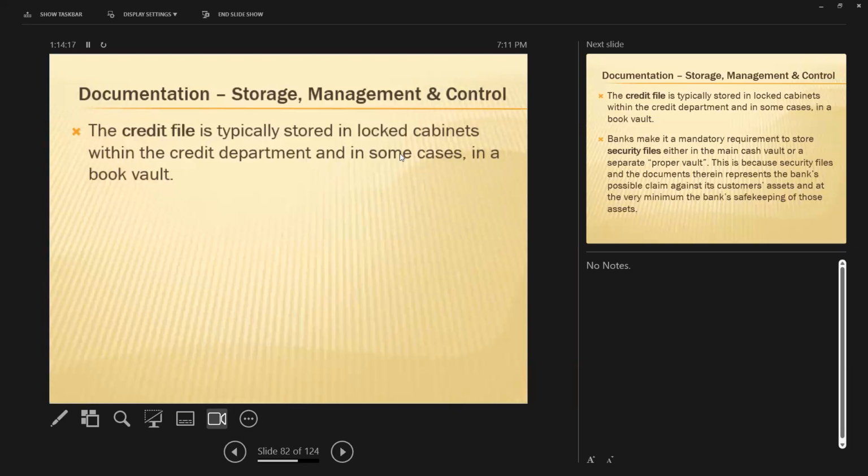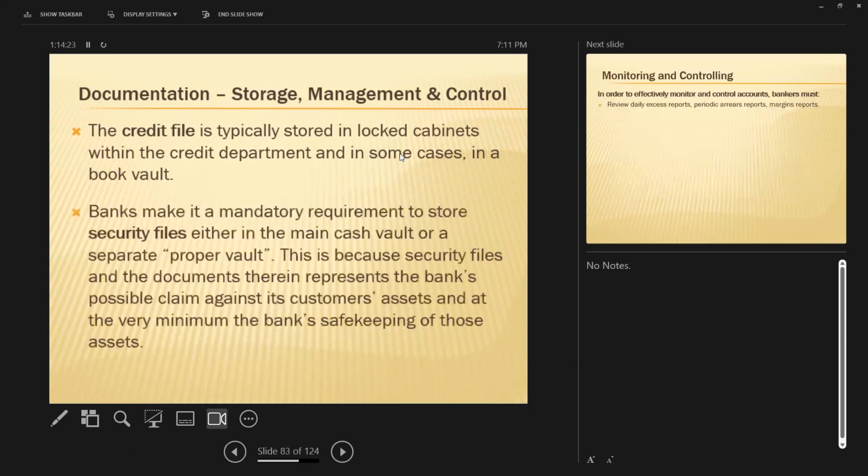So we have two files: the credit file and the collateral security file, right? The credit file is your everyday working file. So that is why you will have a copy of that schedule of documents.